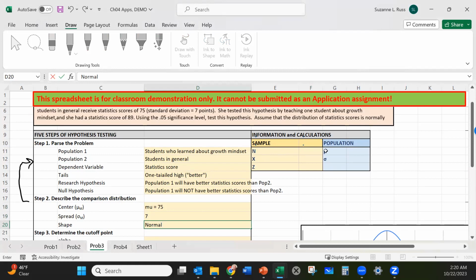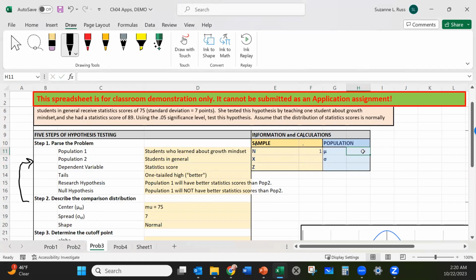I'm going to write these up here now because it will make my calculation easier. I'll do the calculation both in Excel and by hand. So the number in the sample, I always want to put this here. This N refers to number, and it's usually pretty important. And we just have one person here, right? She only tested this on one of her students. So let's go ahead and just write 1 here.